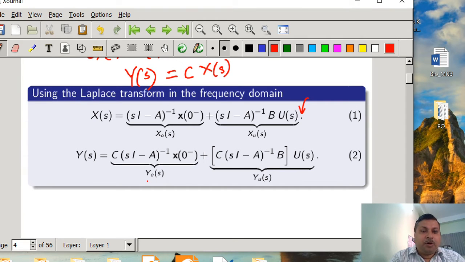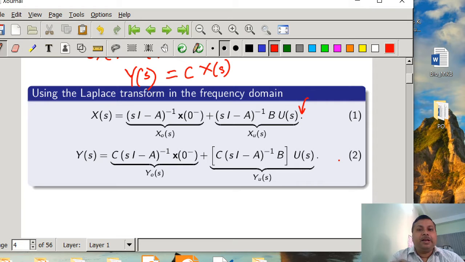Y0(s) represents the zero input response, and Yu(s) represents the zero state response.